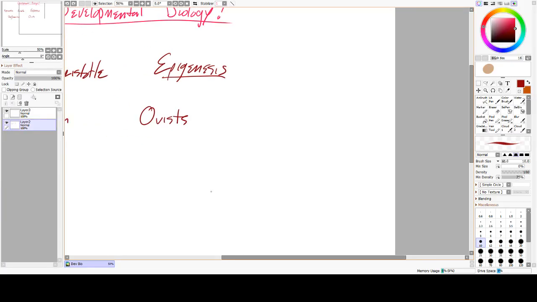And now we have Marcello Malpighi. He lived in 1660. He was actually a Czech embryonologist, and he proposed parthenogenesis. Which, do I have that written down somewhere? I somehow don't have that written down. I'm going to Google that real quick, because how am I supposed to know what this is?